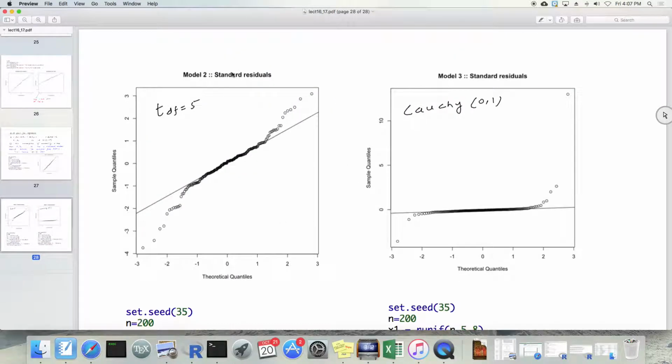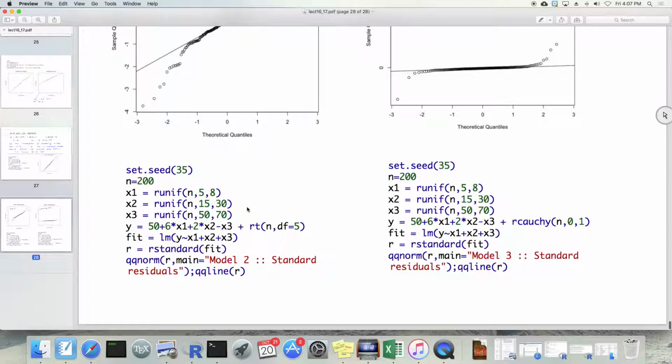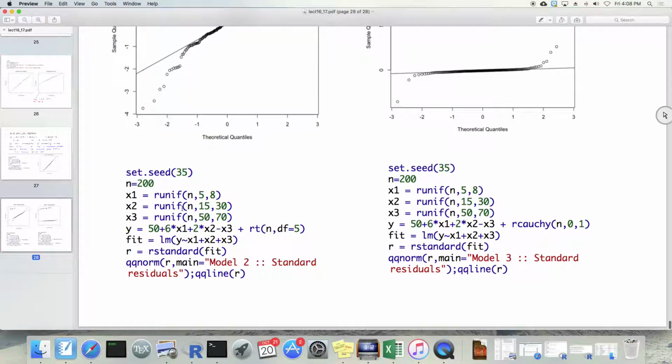But then there's model number 2 and model number 3. In both, everything is the same. I do x1 the same way, x2 the same way, x3 the same way. Y equals the same formula, but the only thing that's changing is that in model number 2, the error becomes rt(n, degrees of freedom equals 5), and in model number 3, it's rcauchy(n, 0, 1).